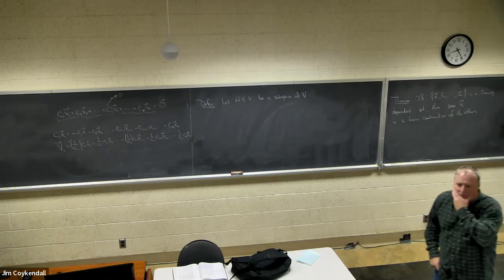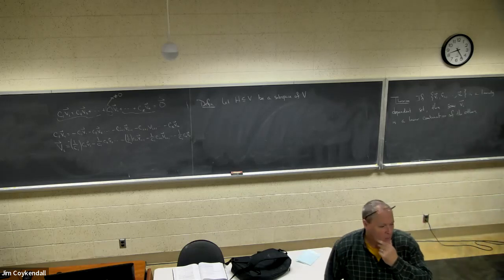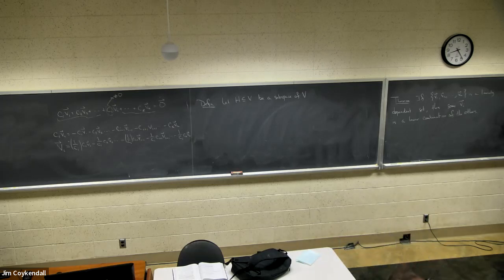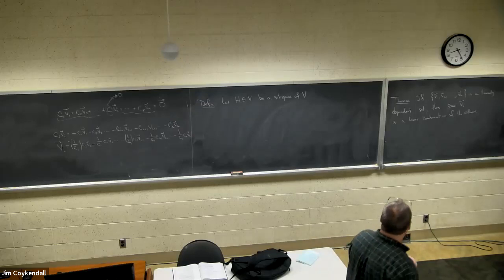Can somebody remind me what it means to be a subspace? What three things do we know about H? Yeah, it has to contain the zero vector. H contains zero. What else? Closed under scalar multiplication and addition. That is correct. So if you got two vectors in H, add them up, they're still in H. If you got a vector in H multiplied by a constant, it's still in H, and it's got the zero vector.